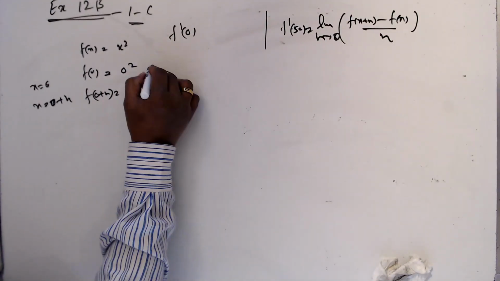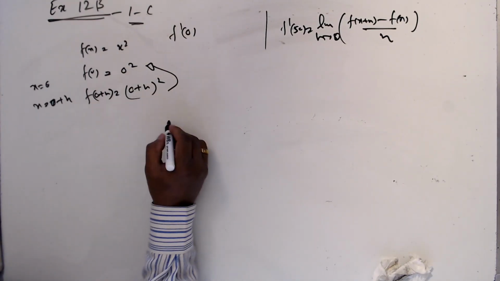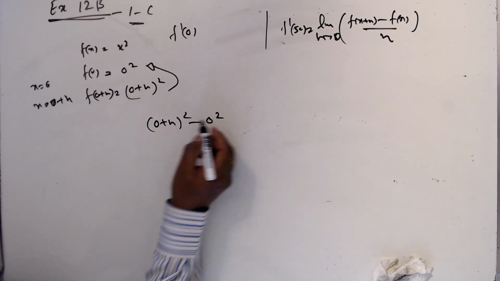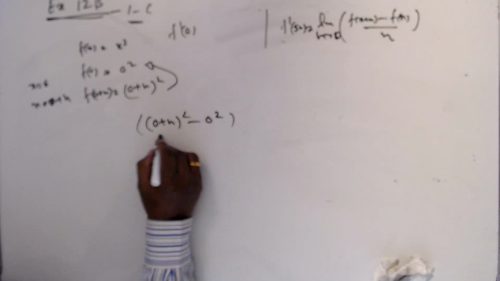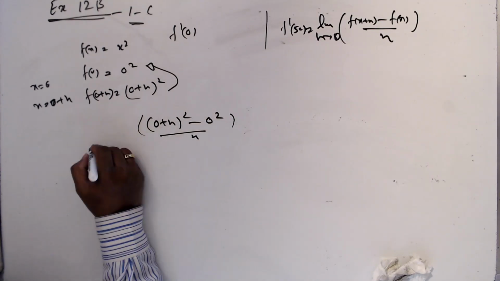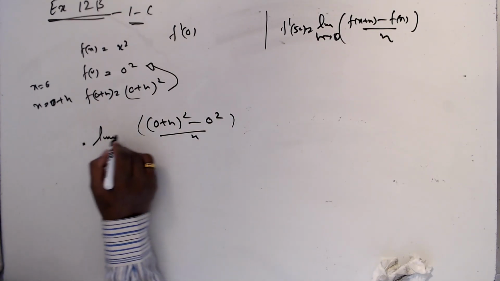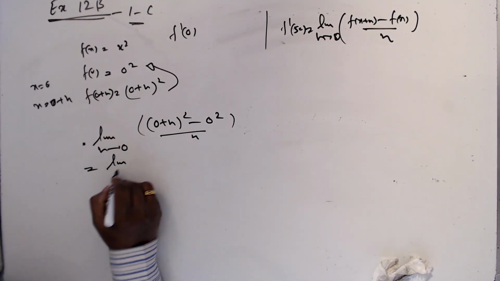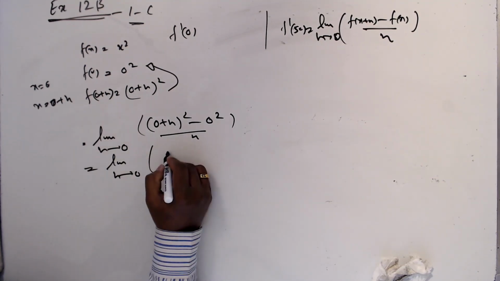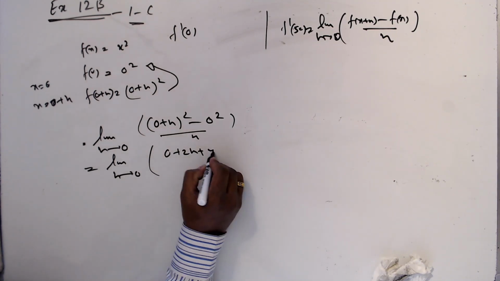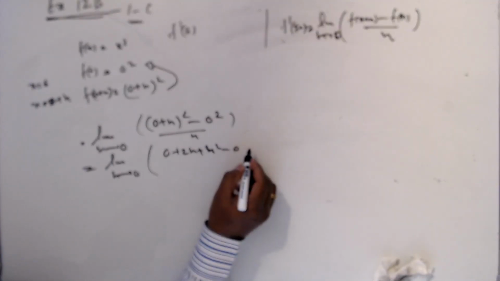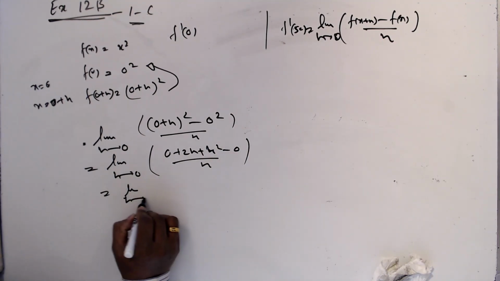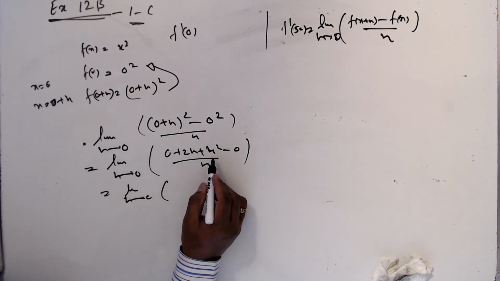Then the difference: (0 plus h) square minus 0 square divided by h, limit h tends to 0.